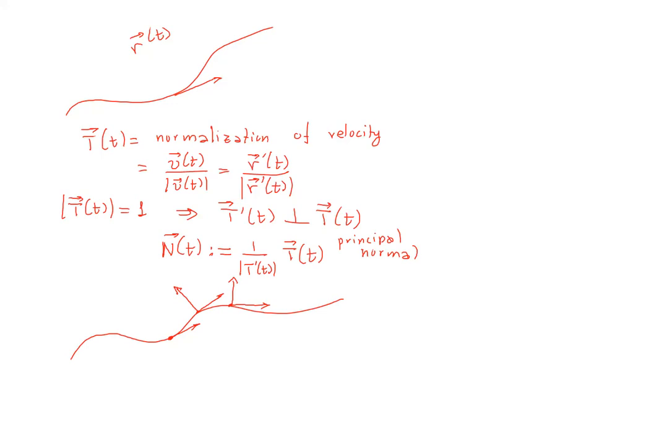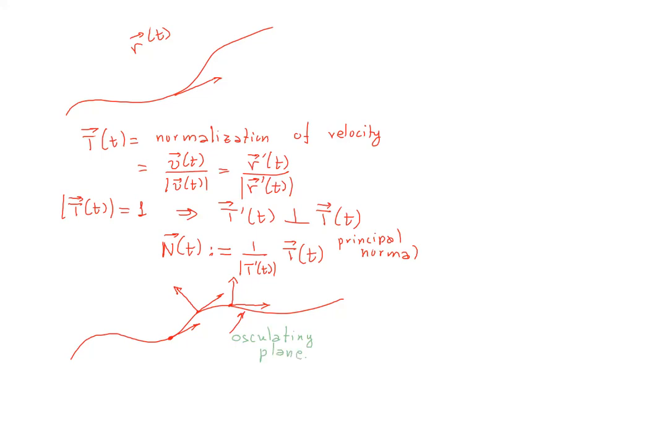It turns out that anything pertaining to the motion is inside this plane, which is generated by these vectors. This two-dimensional plane, generated by the unit tangent vector T and the principal normal, is oftentimes called the osculating plane.